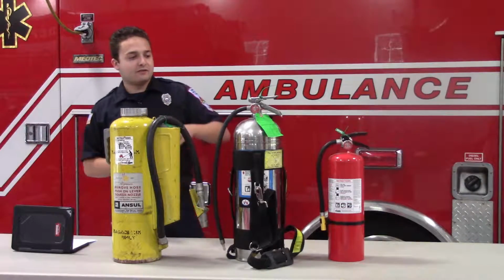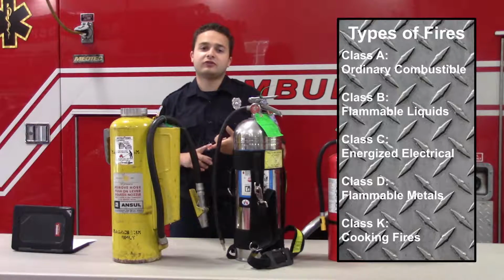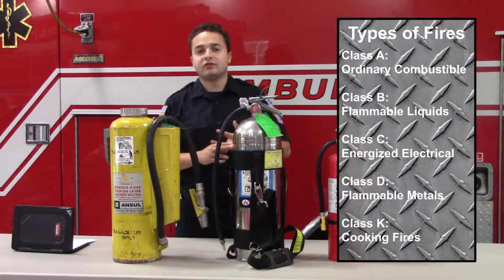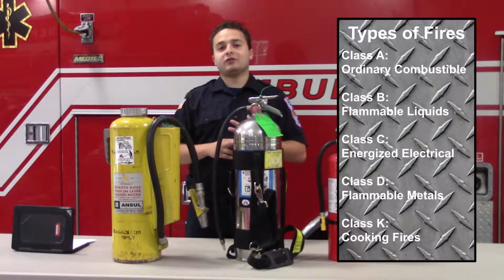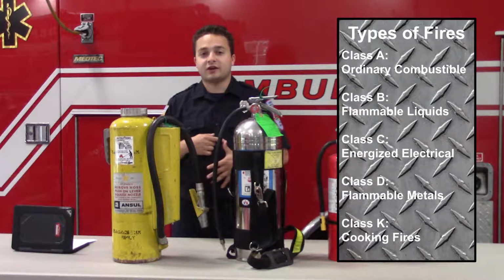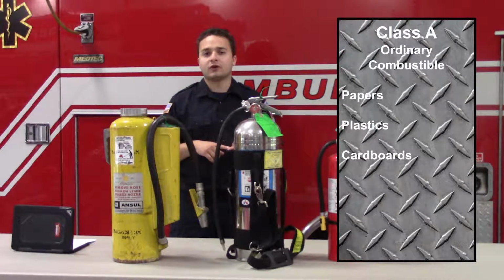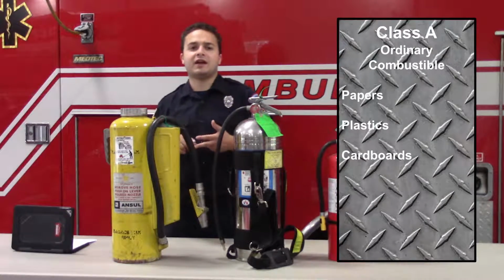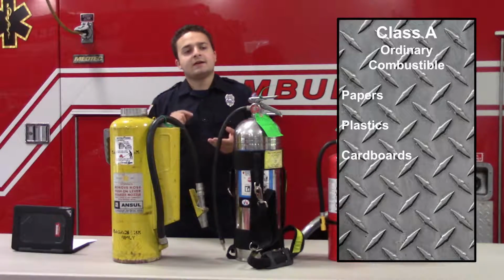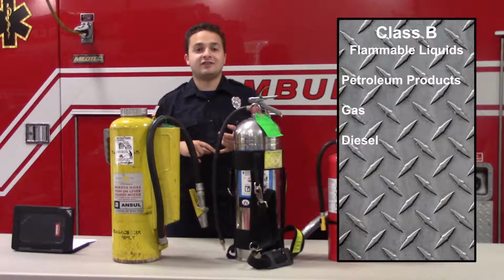So to start off, we have 5 different types of fires. We have Class A fires, which is ordinary combustibles, B, which is flammable liquids, C, which is energized electrical, D is flammable metals, and K is cooking fires. So A's are ordinary combustibles such as paper, plastic, and cardboard. Class B is petroleum products, gas, diesel.